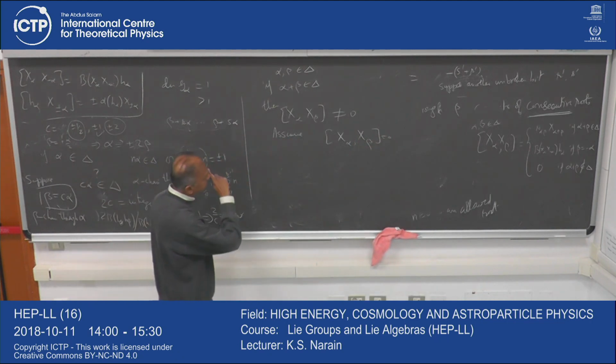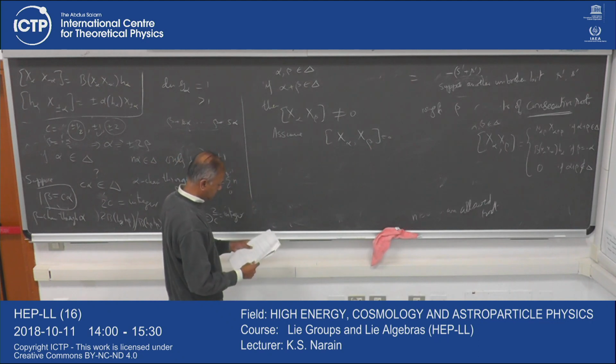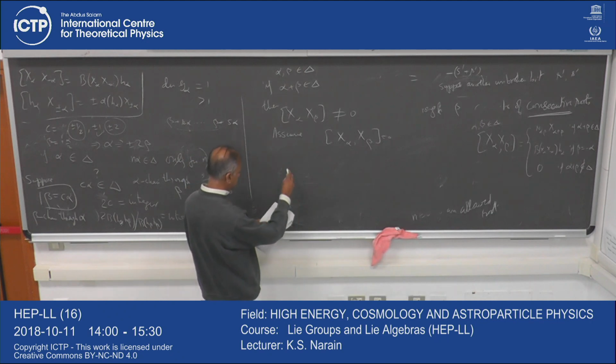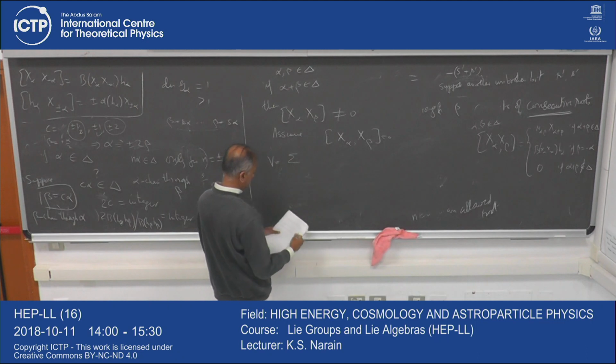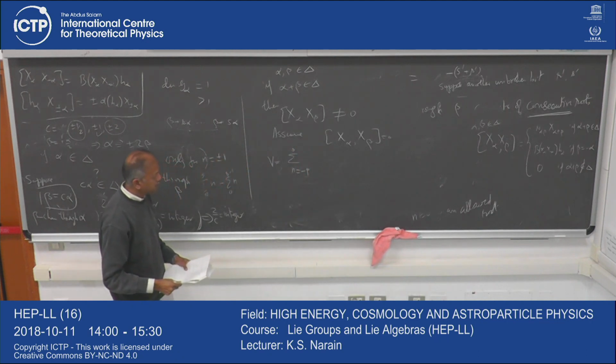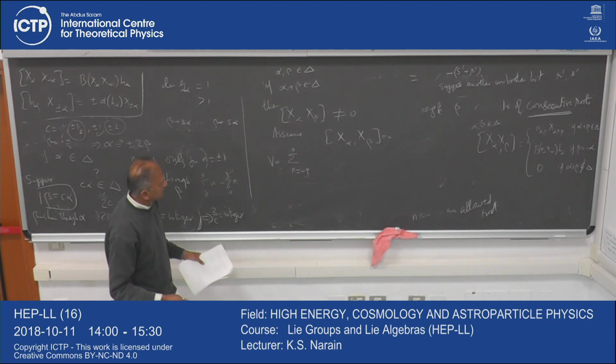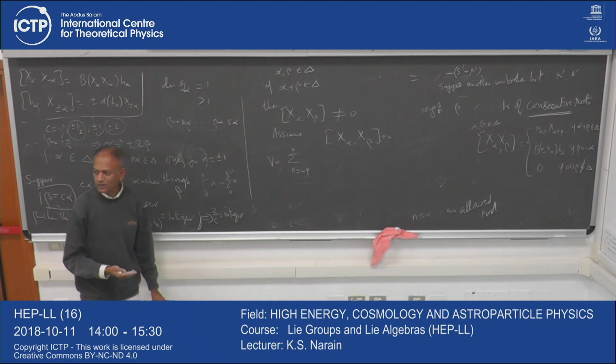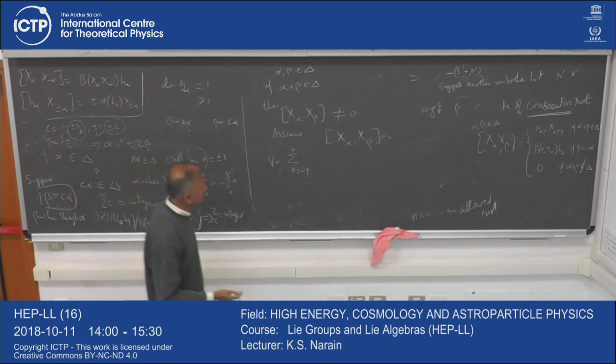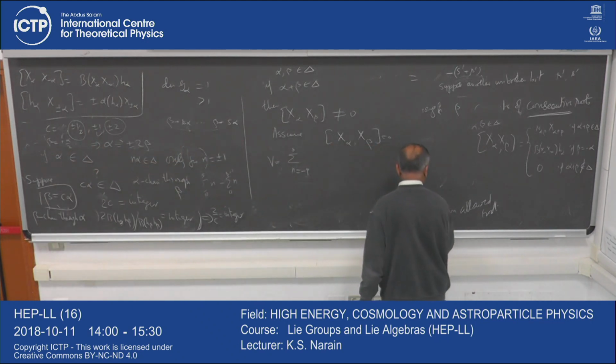Then that means that I can consider this chain V equal to, with n going from minus p to 0. And actually, in fact, I don't even have to look at that. Okay, let's look at that.